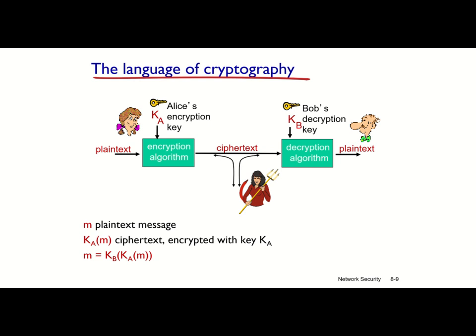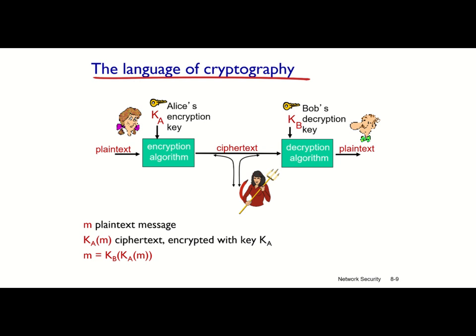However, in order to prevent such a plan, the sender, which is Alice in this case, has to first encrypt the plain text and create a ciphertext, and then it can send the ciphertext without being worried about getting intercepted by the intruder. And on the receiving side, Bob has to decrypt the message.